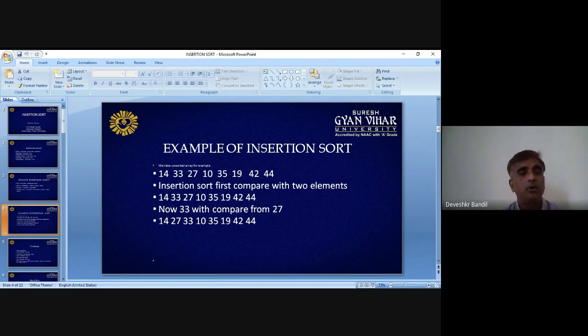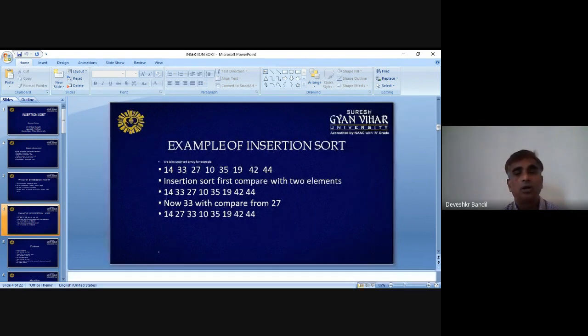So as I told, when you compare 33 with 27, 33 is greater than 27. So you will swap both, which means 27 will take the place of 33 and 33 will take the place of 27. After swapping 33 with 27, you will also check with all the elements of the sorted sublist.